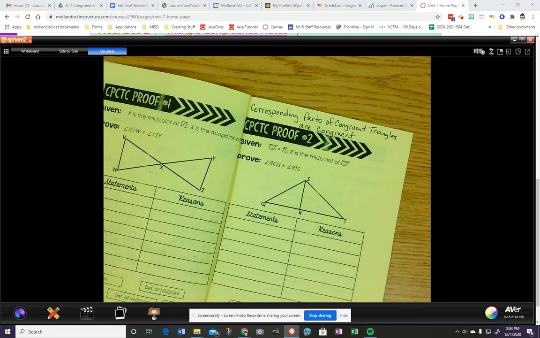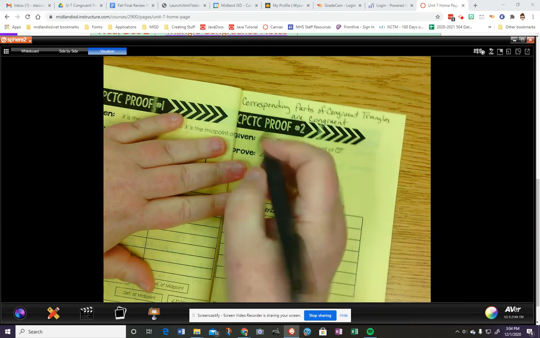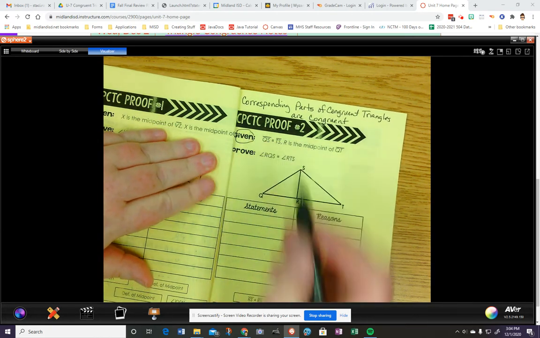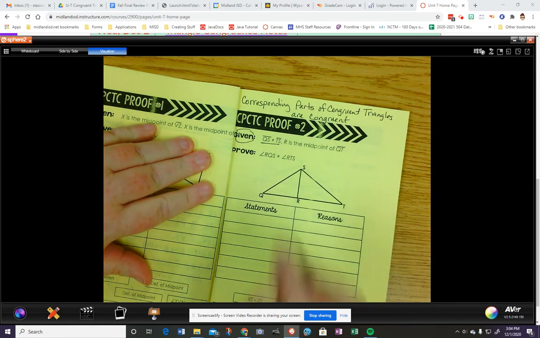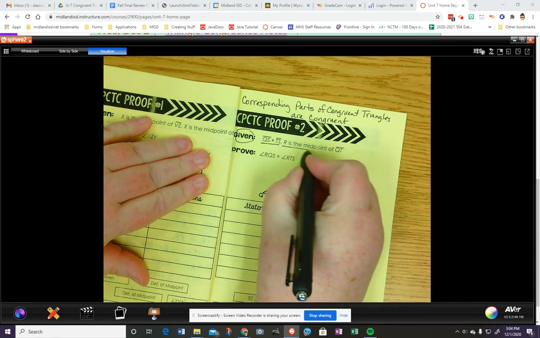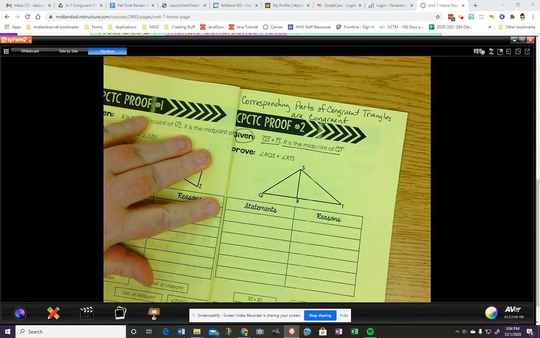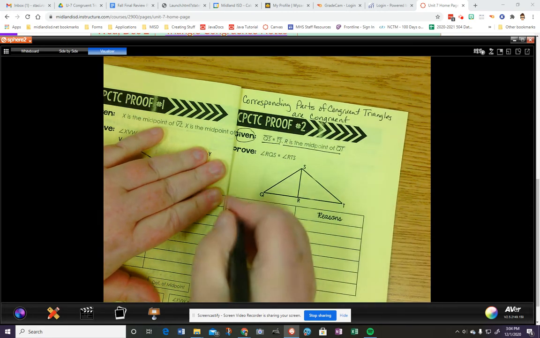Corresponding parts of congruent triangles are congruent. Okay? So let's look at this triangle. On our given, we've got QS congruent to TS, and R is the midpoint of QT. So we've got two puzzle pieces.